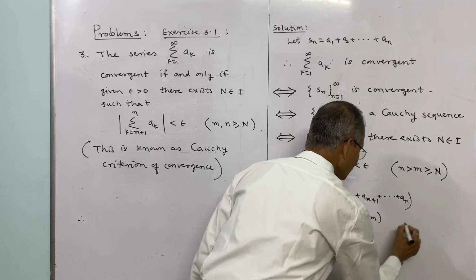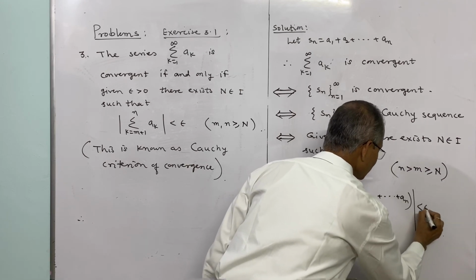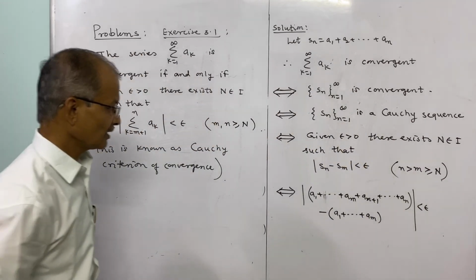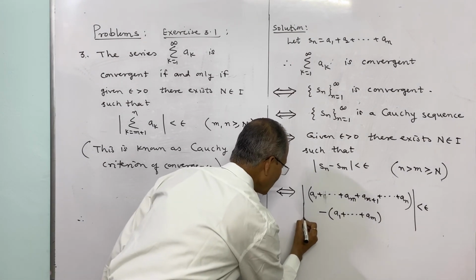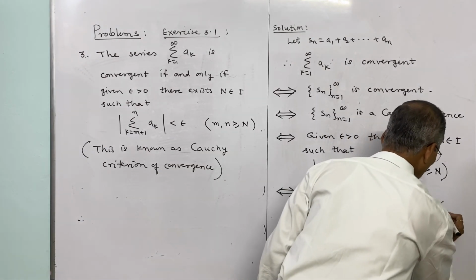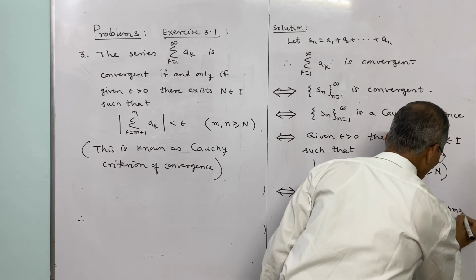This difference is less than epsilon for n greater than m, both greater than or equal to capital N.